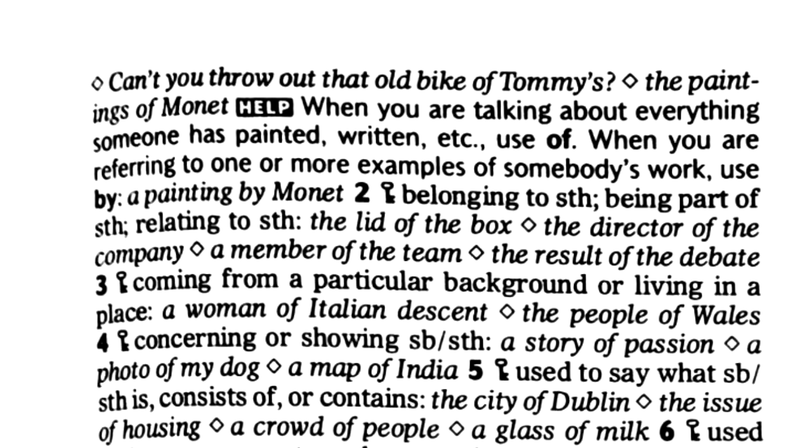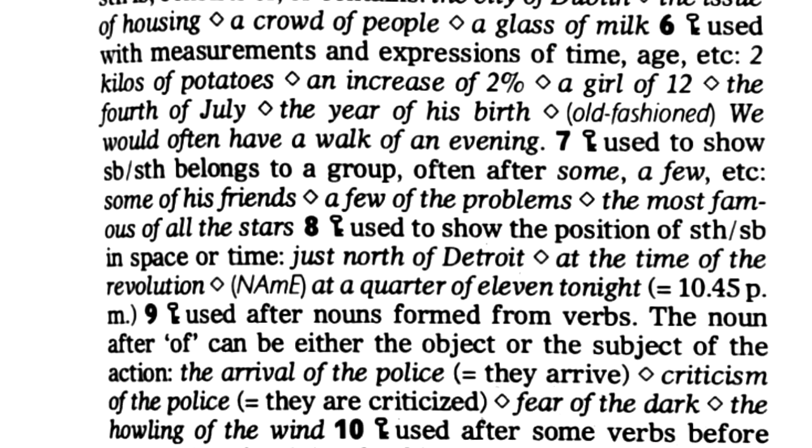The fifth meaning is used to say what something is, consists of, or contains: the city of Dublin. Sixth is used with measurements and expressions of time and age, etc.: a kilo of potatoes, an increase of 2%.